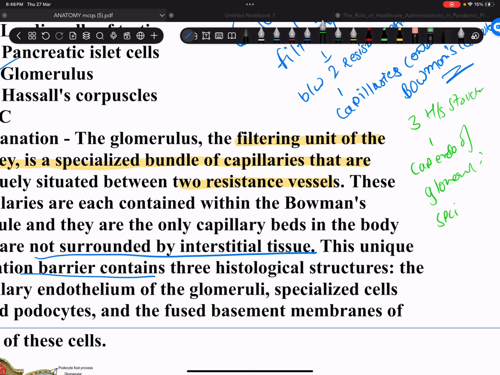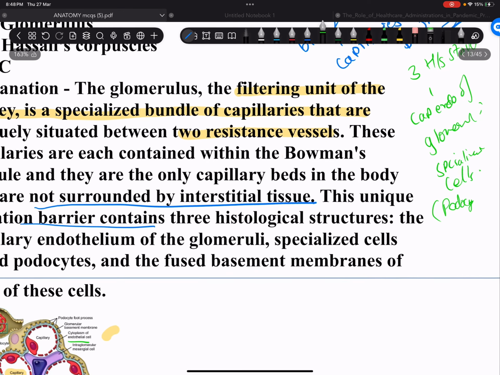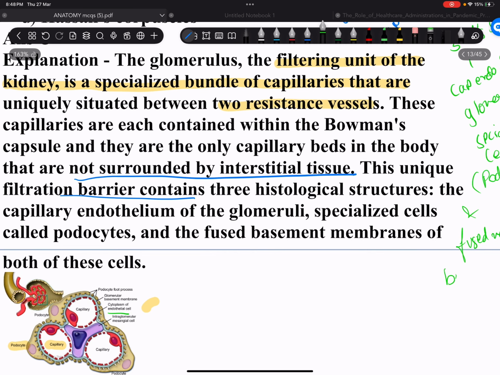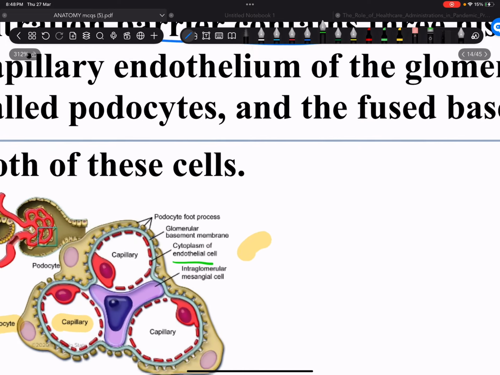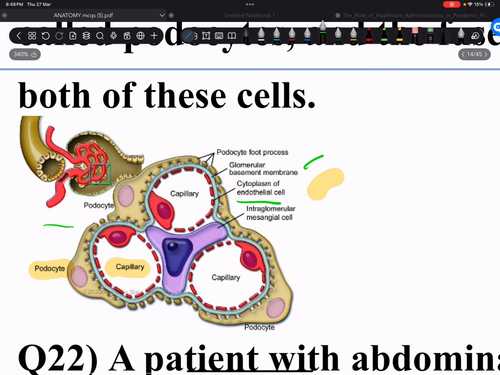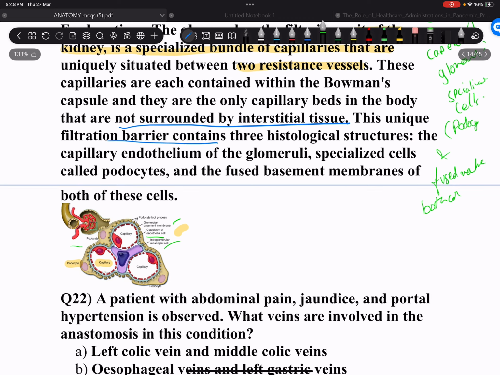Then specialized cells called podocytes, and the fused membrane of both cells. Now you can see the glomerular basement membrane, podocytes, and intraglomerular mesangial cells. So I think this is clear for you now.